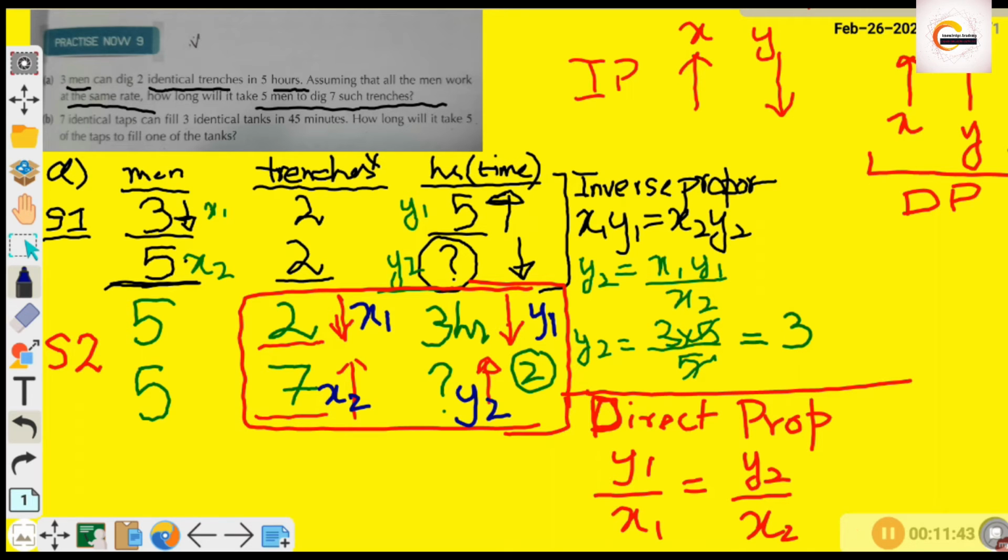This is the same method that we did in exercise 1a when three variables were unknown and one variable was known. These are simple direct proportion questions now.